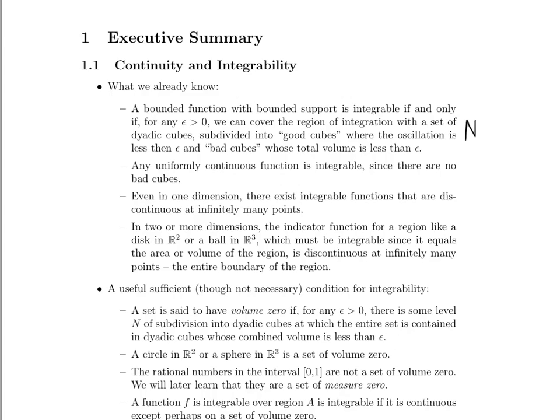And so there's no way to make the total set of dyadic cubes that contain the rationals less than epsilon on the interval from 0 to 1, because there is a rational on every single subinterval, no matter how small it is. So the key for a set of volume 0 is that you're able to capture all of the elements in the set in dyadic cubes that can have a combined volume less than any epsilon.